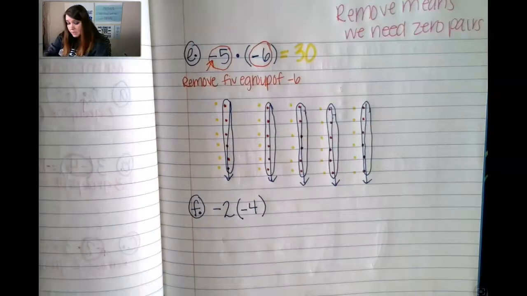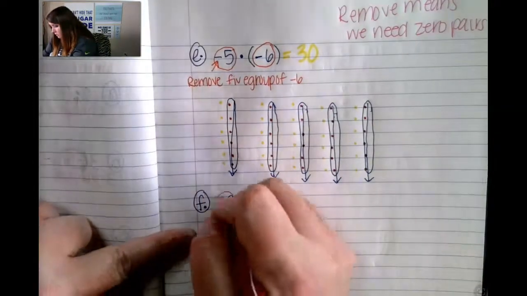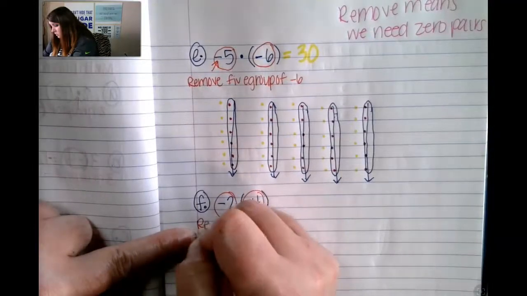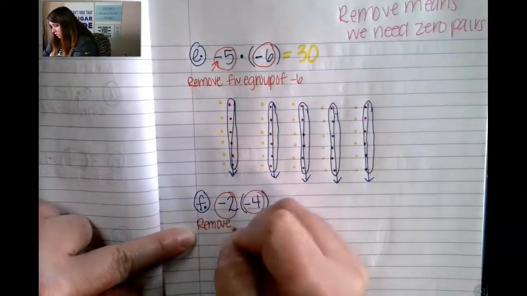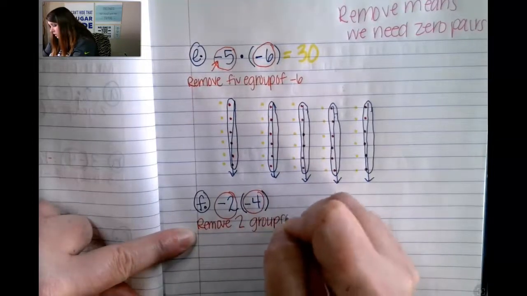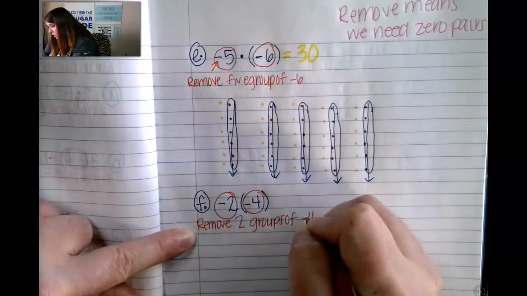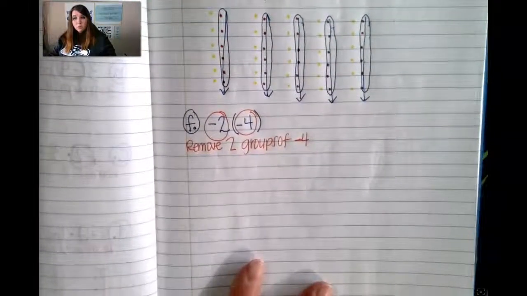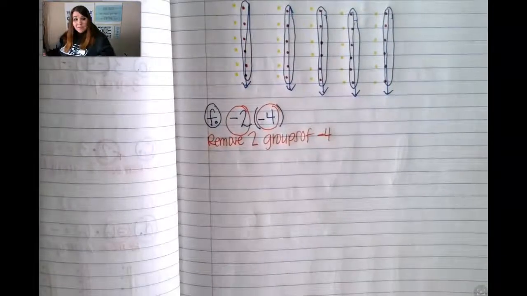So this tells me that I need to remove, here's my removal, -4. So it says remove 2 groups of -4. Okay, I have no negative groups to remove, so I need to make them by having 0 pairs.